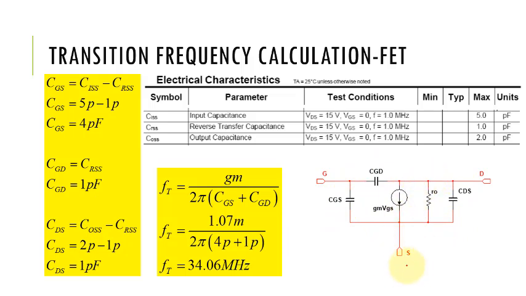Then we enable all these three capacitors. We have the common source here, this one is the common source, so basically this one we grounded. We have one capacitor connecting our input and also our output, which is CGD. CGD will be the capacitor that connects between input and output.